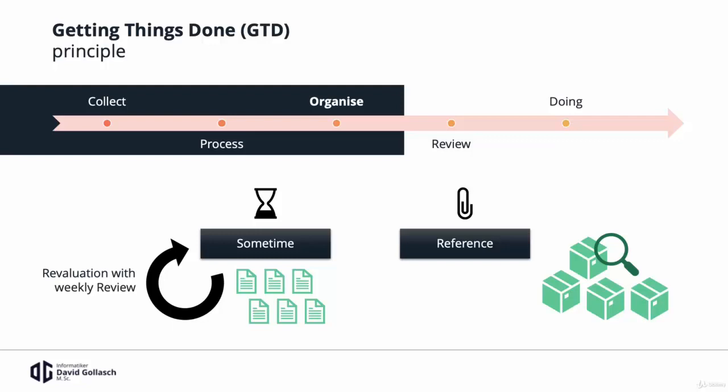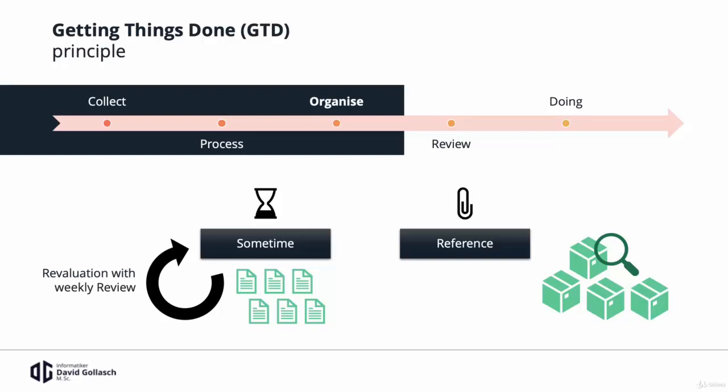So you put everything related to this to the sometime area, and based on the regular review that we have to do, we take a look at this sometime list and decide whether we would change the state, so move that to one of the other lists because you decided that you want to do something about it directly, or you want to schedule this directly to another date and time and move it off from this sometime list, or you decided to eliminate this because you said, okay, it's that long until this sometime list, you didn't care about this.